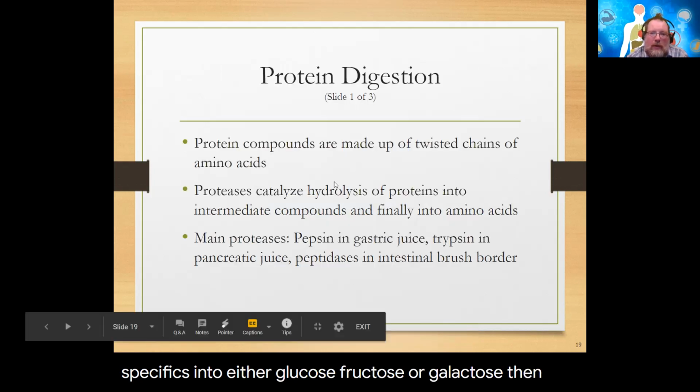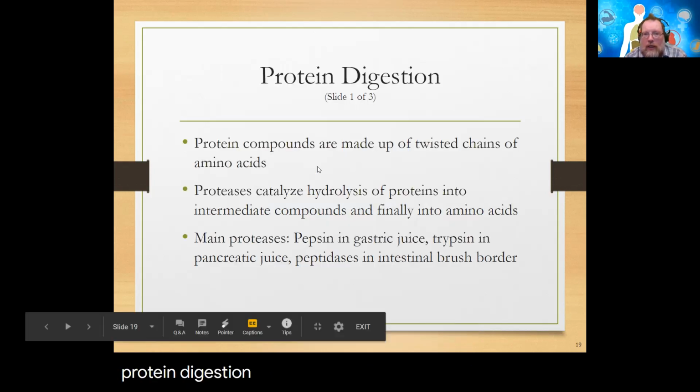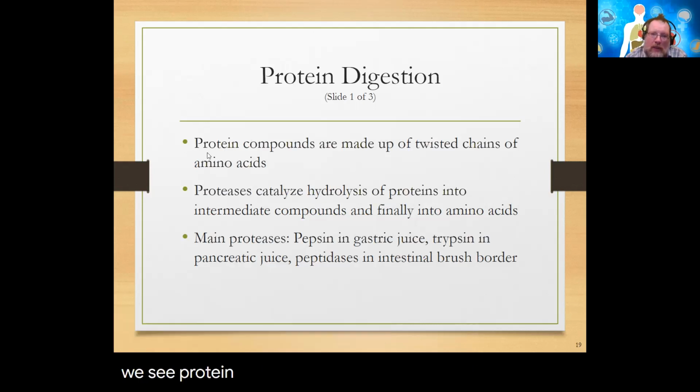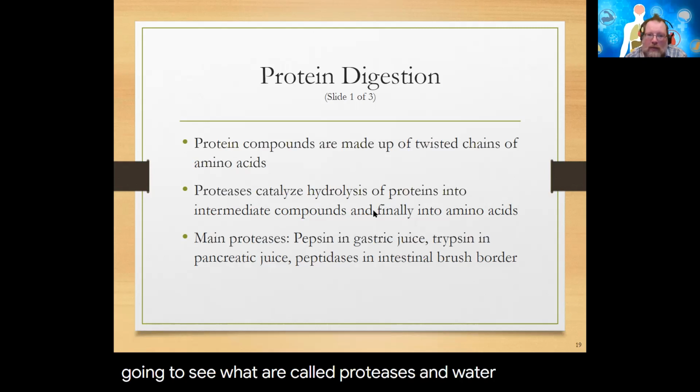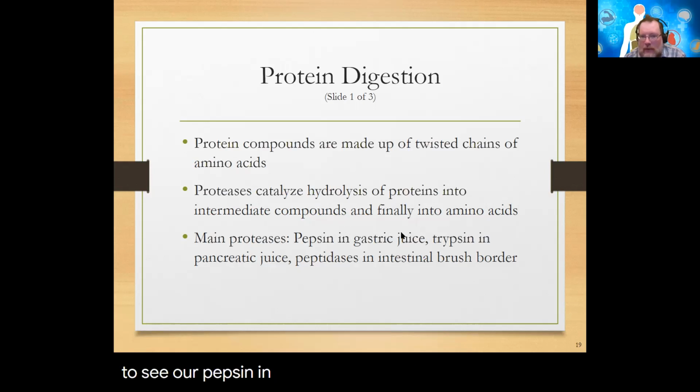And then protein digestion primarily is going to begin in the stomach. We see protein being long chains of amino acids. So we're going to see what are called proteases and water that are going to start breaking intermediate compounds of proteins into amino acids. Okay. The main proteases we're going to see are pepsin in the stomach.